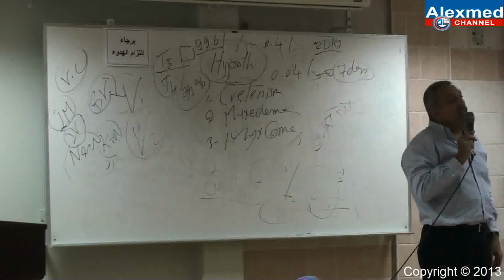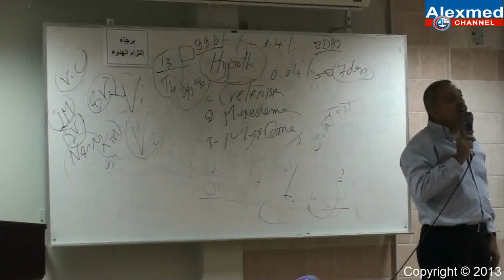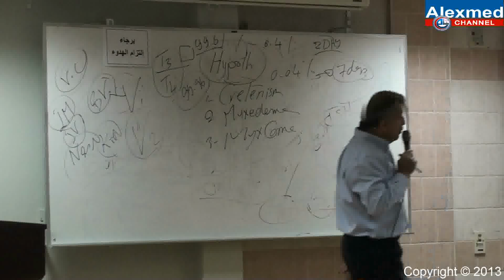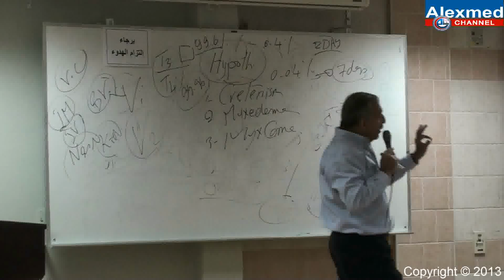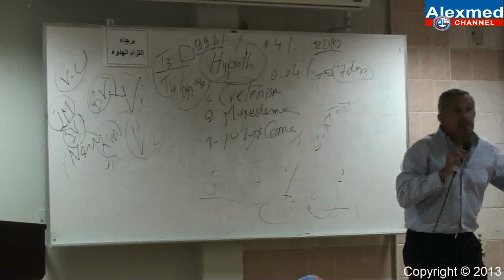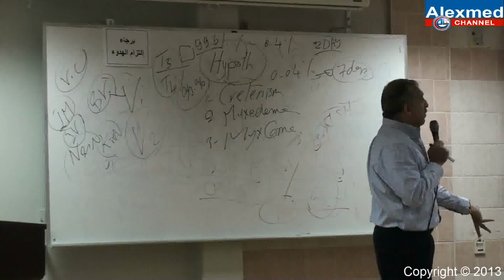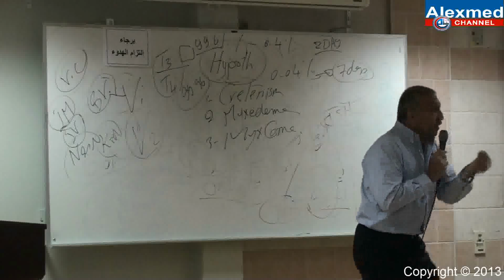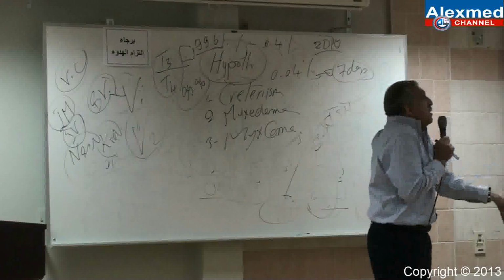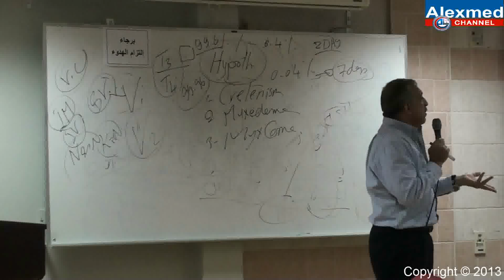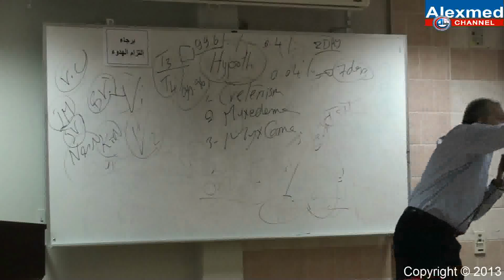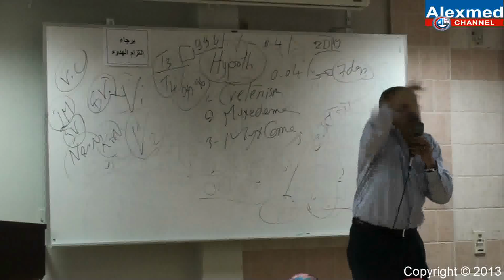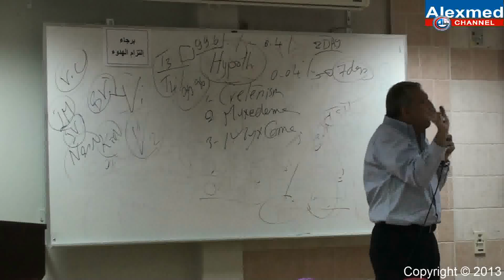The cell stays alive. Right? Basal metabolic rate means the cell stays alive. Can you live without a basal metabolic rate? This is the baseline. So, the thyroid hormones are very important to keep you alive. Simply.